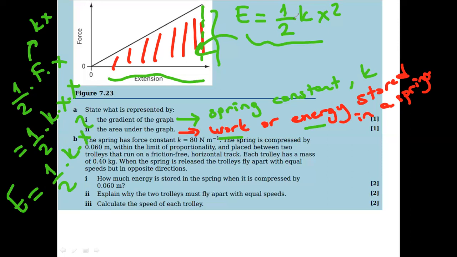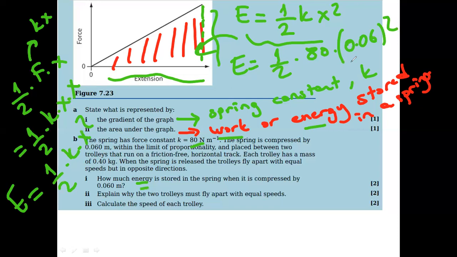Now, by using this equation, I'm going to calculate the energy, question I. So let's calculate. Energy is equal to 1/2 times K. K is given in the question, 80 Newton per meter, times the extension squared, which is also given as 0.06, 0.06 squared.